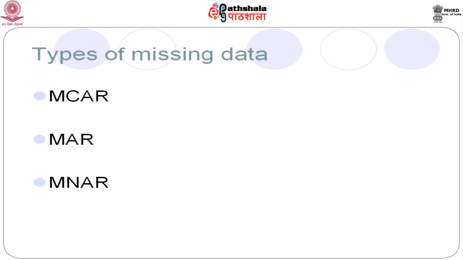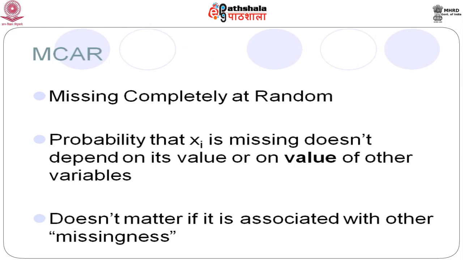So, there are three types of missing data. One is MCAR, one is MAR, and the last one is MNAR. What is MCAR? It is missing completely at random. That means, this missing data probability that I mentioned earlier, the probability that the observation is missing, does not depend on the value or on the value of other variables. It does not matter if it is associated with other missingness too.